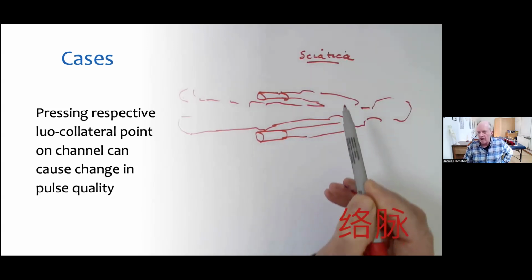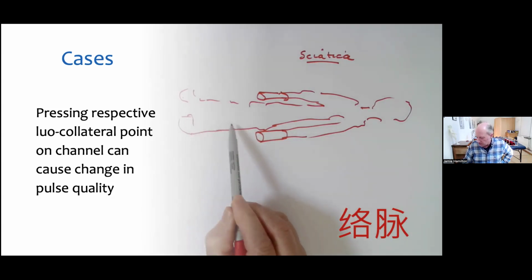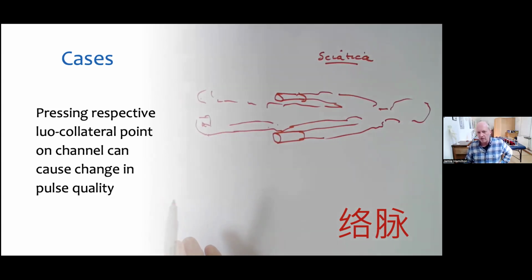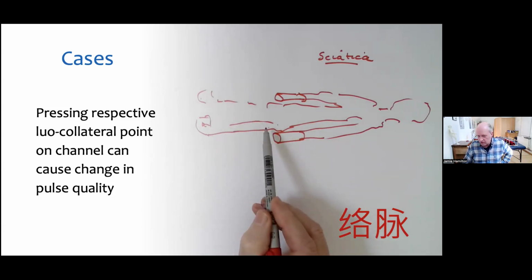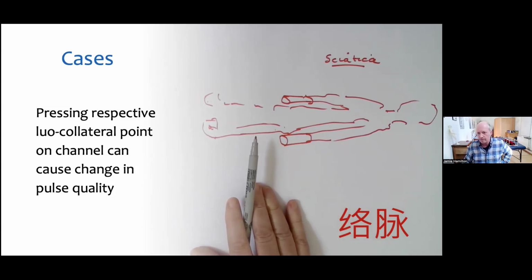They are also describing the sensations of it as somehow running over onto the top of the foot, which we know sciatica can sometimes have this quality of a train track going into the different channels, from bladder to gallbladder to stomach.